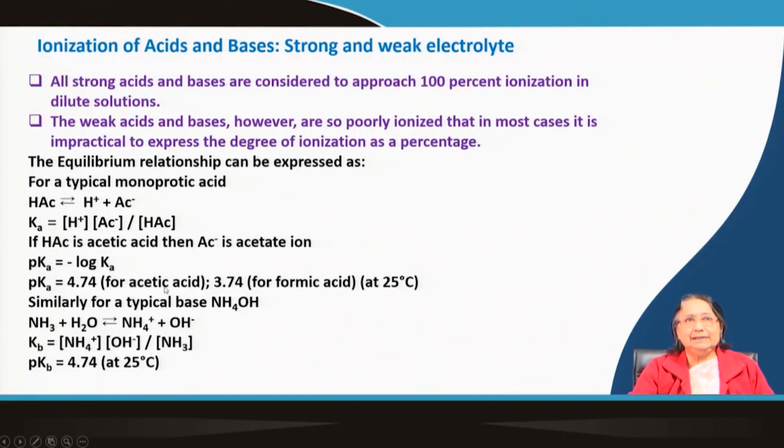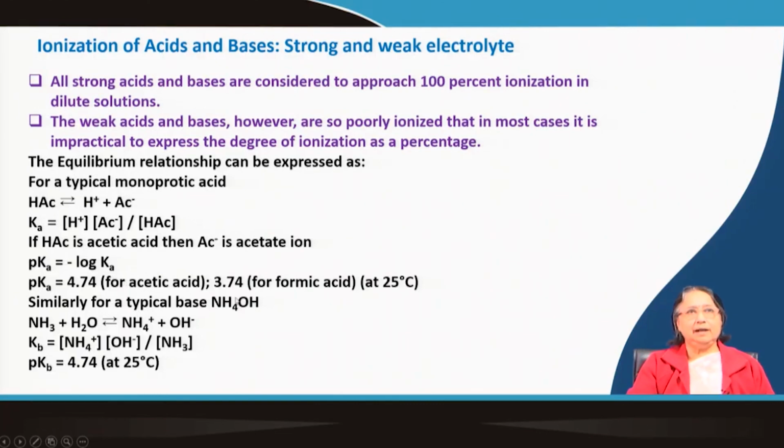For acetic acid it is 4.74, and for formic acid, because it is stronger than acetic acid, it is 3.74 at 25 degrees centigrade. So, you can see that the stronger the acid, the lower the pKa value. In this case formic acid is stronger than acetic acid, that is why its pKa value is lower than the pKa value of acetic acid.